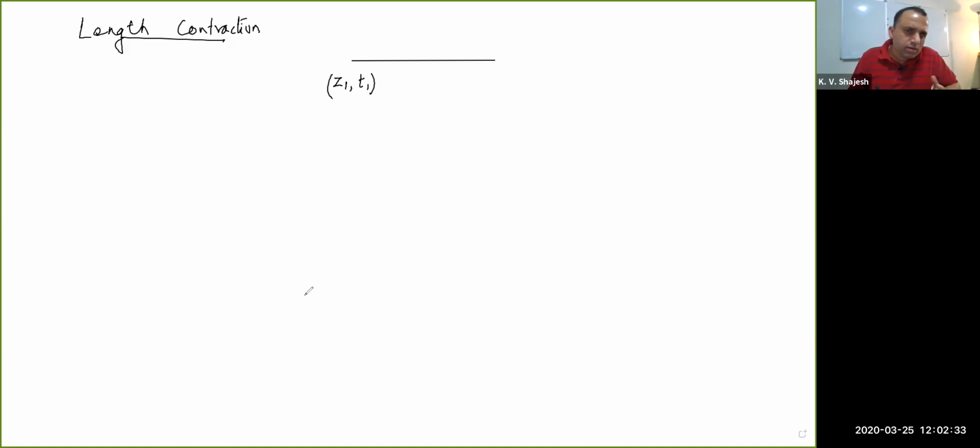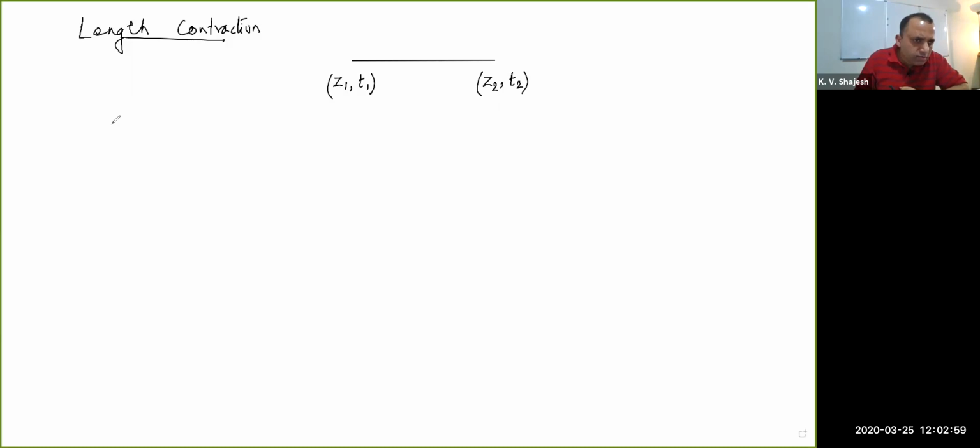So the position is Z1, and it was measured at time T1. Similarly, you go to the other end of the rod, that's Z2, measure the position, and the time is T2. Those are the two events needed to measure the length of the rod.